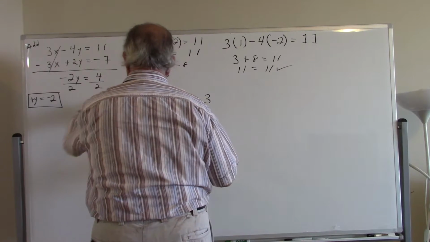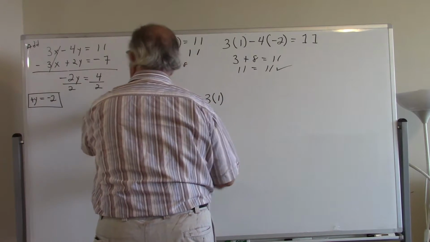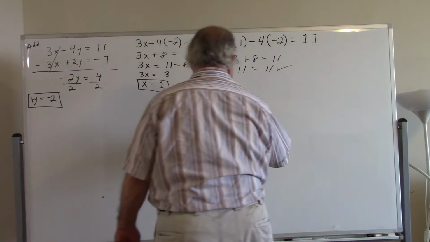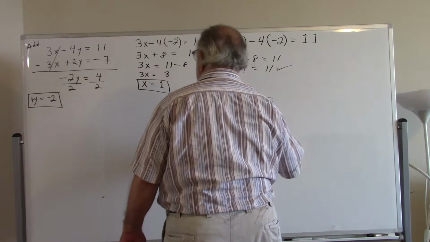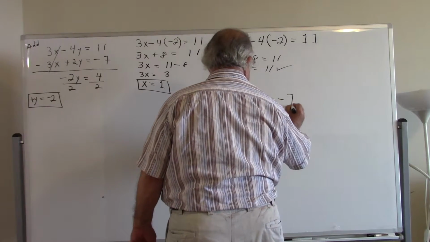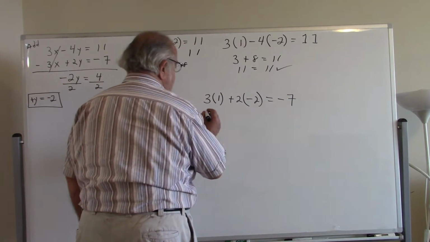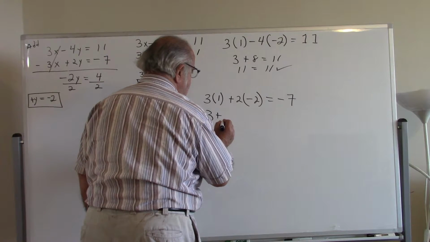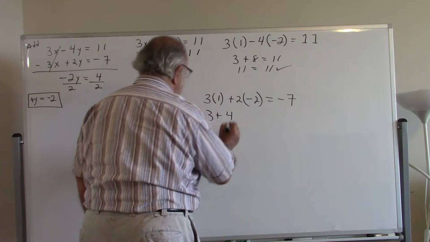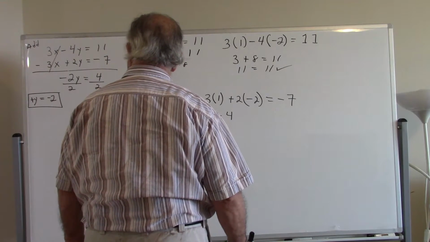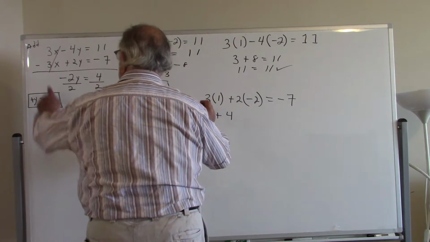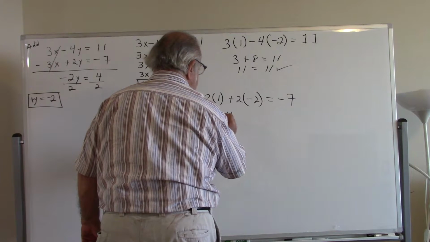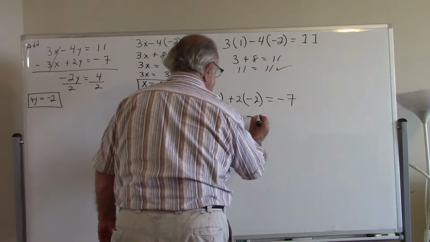3 times 1 plus 2 times the negative 2 equals negative 7. 3 plus negative 4 equals negative 7.